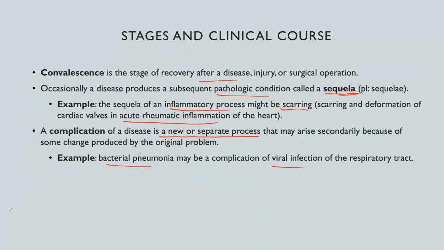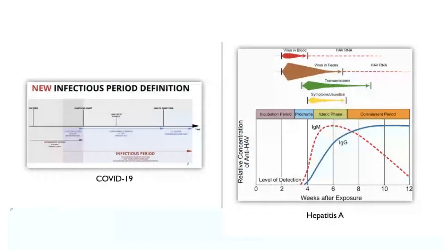But if someone has a bacterial pneumonia as the primary disease, a sequela may be a destruction of part of the lung tissue. But a complication could be heart failure resulting from a very severe pneumonia or sepsis, septicemia.